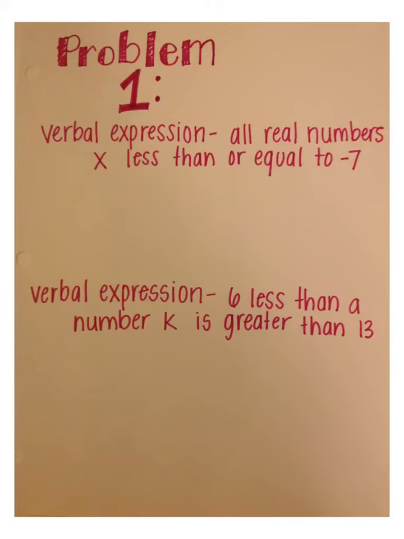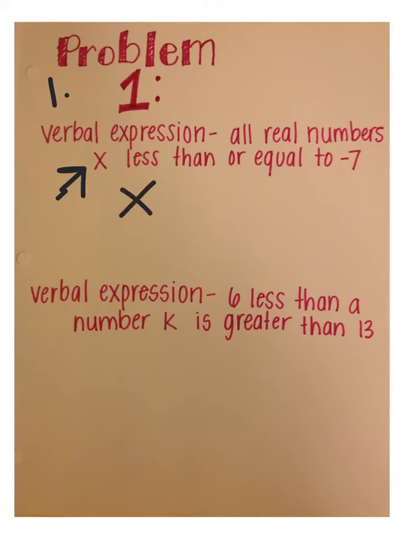So here we're going to start with word phrases. If we look at the first one, I say all real numbers x less than or equal to -7, and I want to use this word phrase to write an inequality. Where do I start? Well, the word phrase tells us that x represents all real numbers, so I'm going to start with my x.